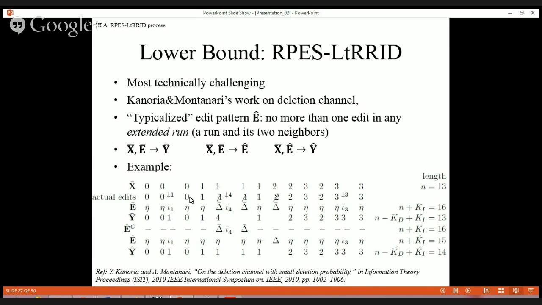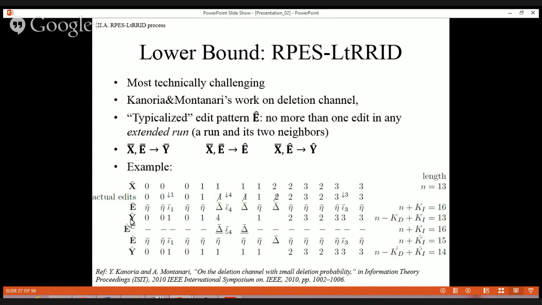So the only run where we eliminate edits is the second run of X, and it's represented in E complement by this underlined delta, underlined 4, underlined delta, where underline means eliminated.